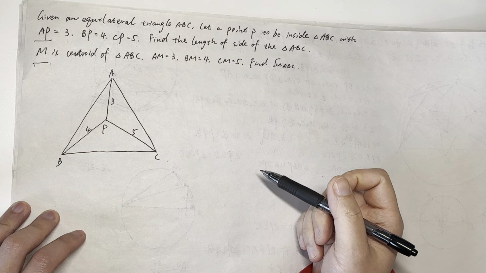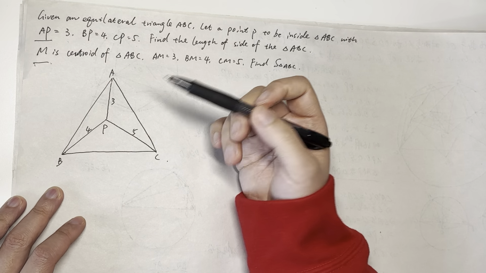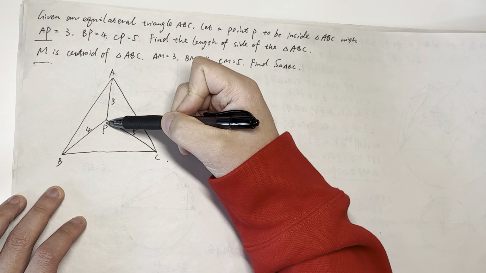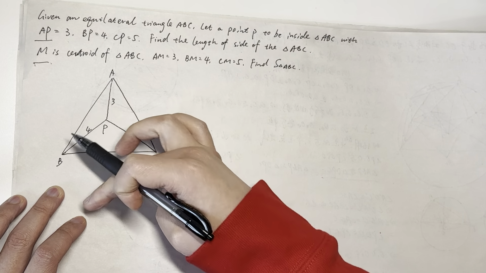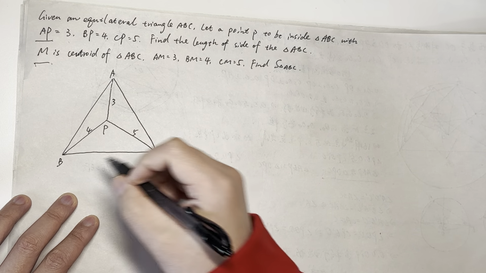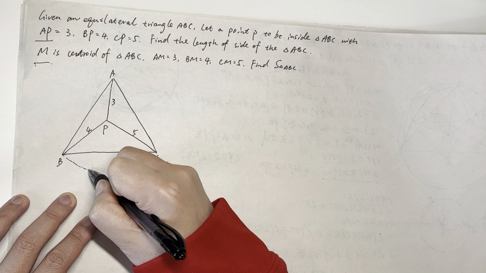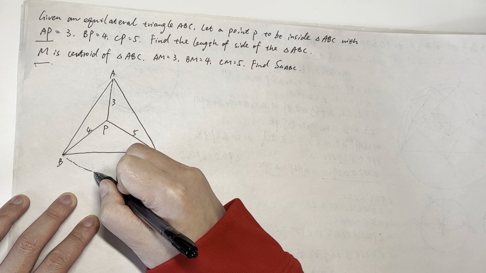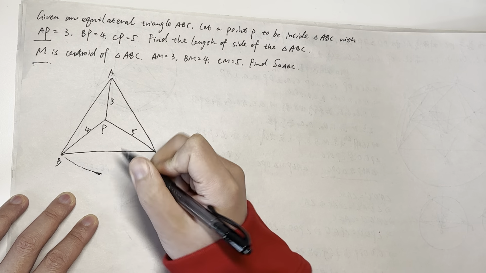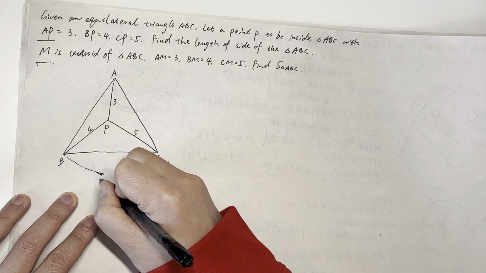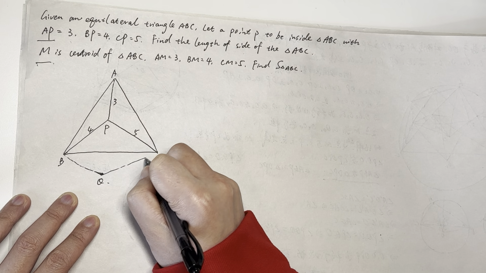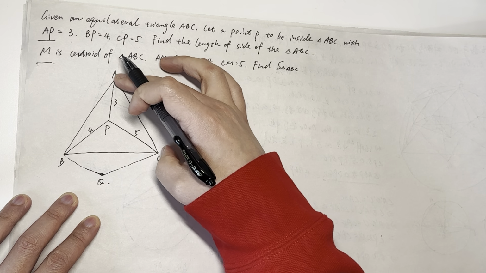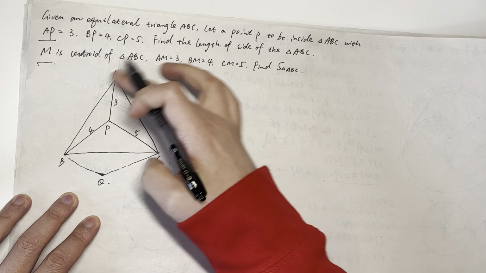The solution that I can figure out is pretty straightforward. Just rotate the triangle APC by 60 degrees. Let's call this new triangle BQC, right? We just rotate triangle APC by 60 degrees.